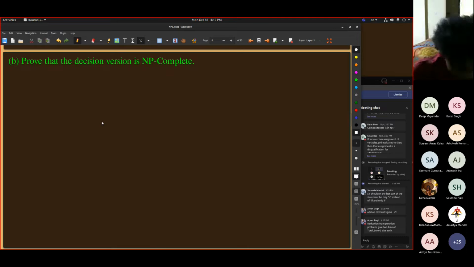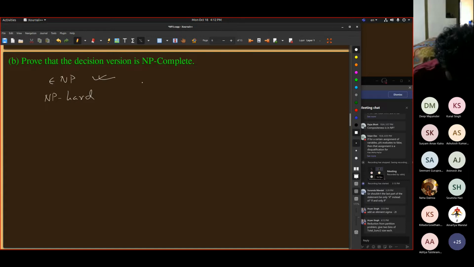So first of all, this is in NP. I will not often mention this. This is clear. Provide a certificate. And hard, NP hard. What is that? Partition reduces to bin pack.